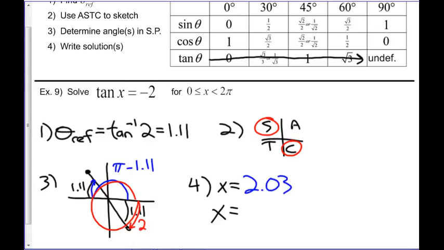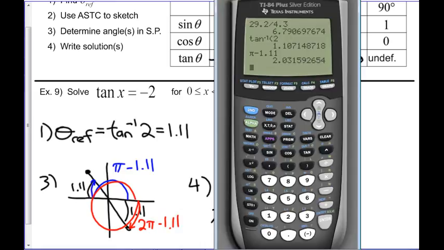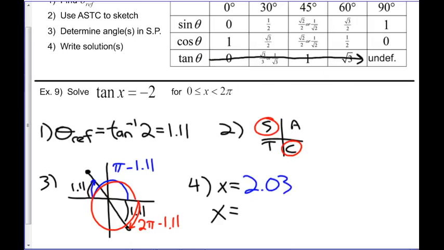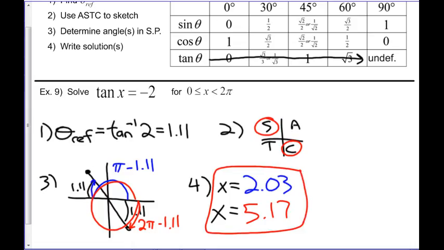And a full revolution is 2 pi. So 2 pi minus 1.11 gives us 5.17. Those are our two angles in radians that satisfy this equation. And they're approximate. They're not exact solutions, but they're very, very close.